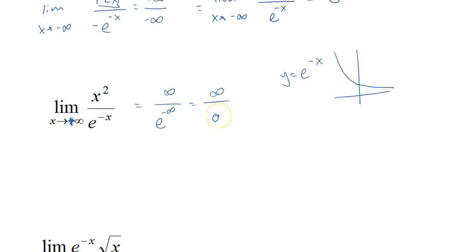Now, infinity divided by 0 is not an indeterminate form, so I'm not going to do L'Hopital's rule. What I'll do is look back at that problem and say, oh, I've got the limit as x approaches infinity of x squared times e to the x, which means I actually got infinity times infinity, which will be infinity, where the limit does not exist.